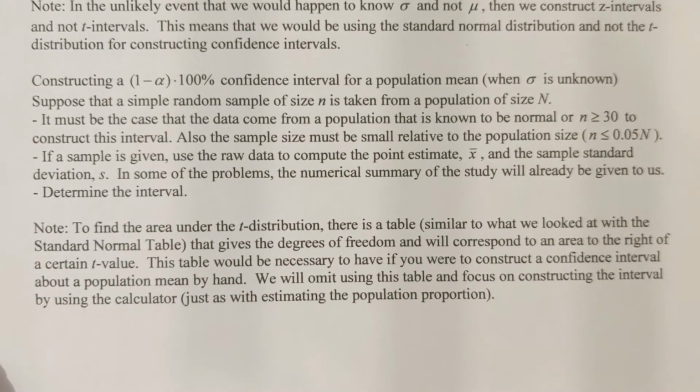Because of what we had talked about in the last section, if the sample is big enough, then the sampling distribution about the mean is at least approximately normal, if the original population was not normal. Otherwise, if the original population is normal, then there's no problem. You're already working with a bell curve.